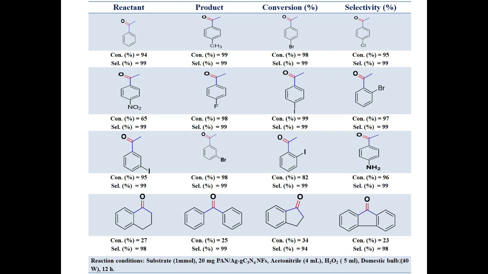So you found that this nanofiber, pan AgCl3N4, is very selective, and the conversion rate is very high for the reactant being used.